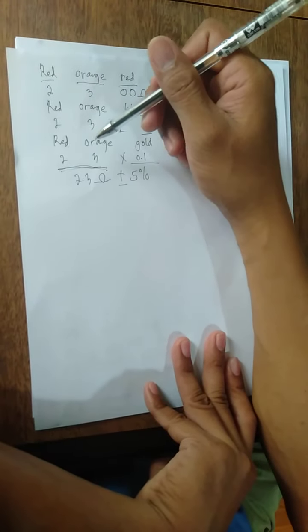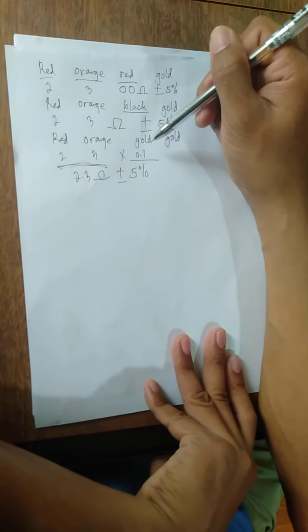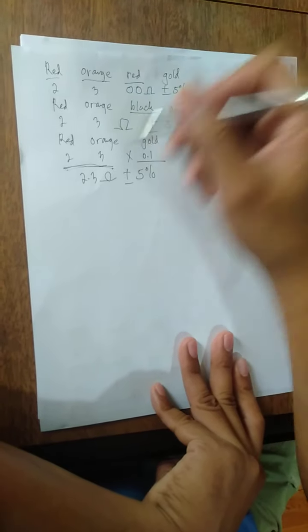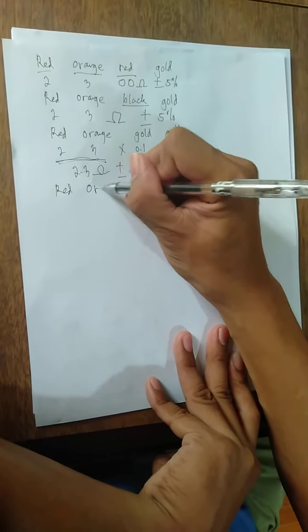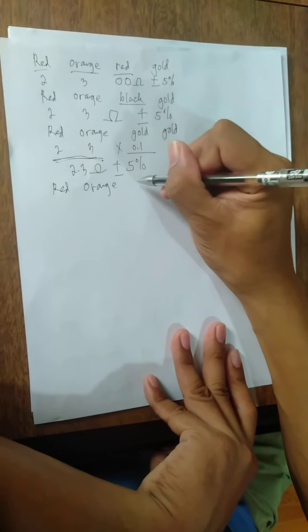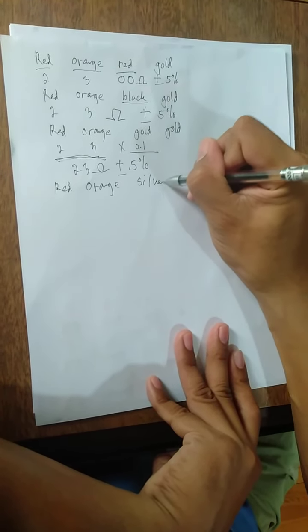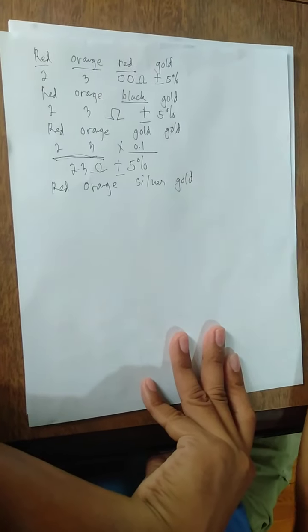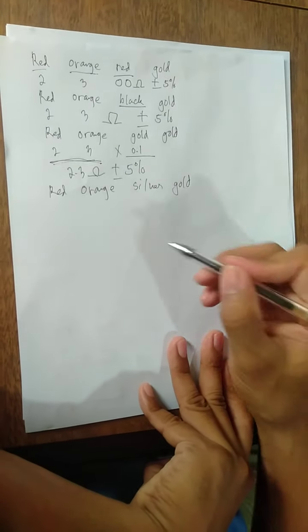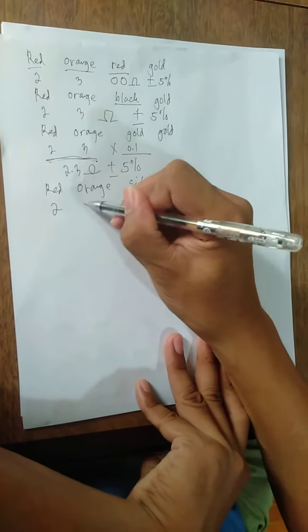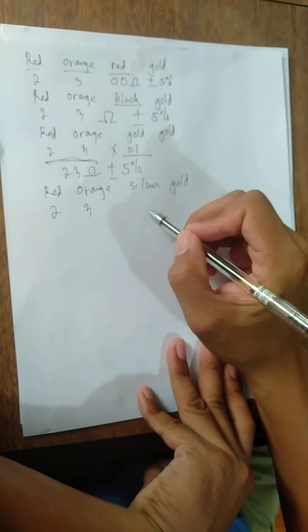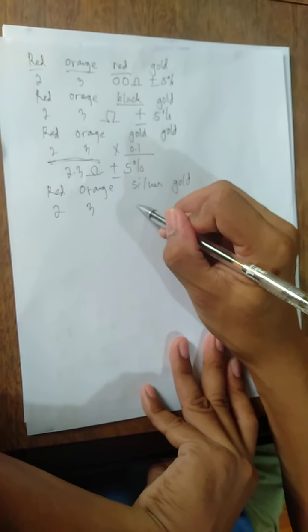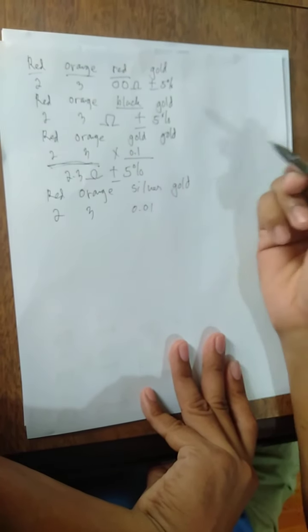Okay? Next, what if the multiplier is silver? So, we will still use the same colors, red, orange, and then silver, gold. Okay, so that you will see the difference. So this is 2, 3. Now, if silver is used as the multiplier, its value is 0.01.